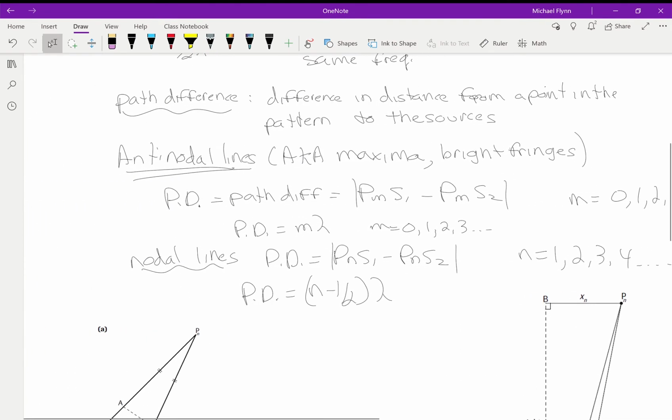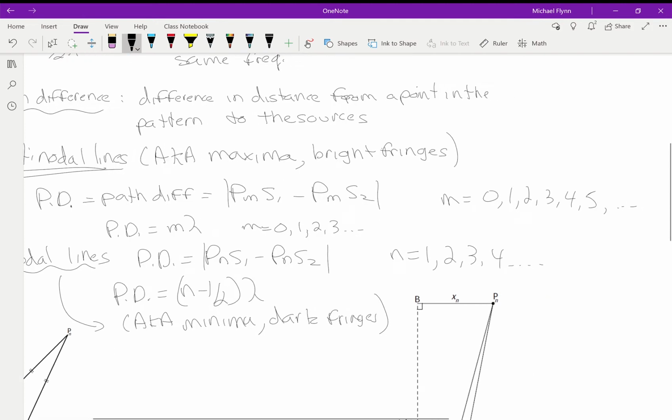These are also known as, I should have said this before, minima, dark fringes for light. Those are areas or lines of destructive interference.